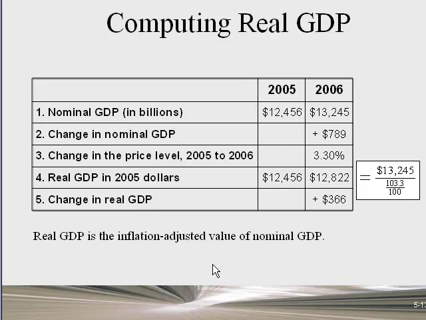So you take the price index on the denominator, the 103.3 divided by 100, and then you take your nominal GDP and divide by that to find out the real change in the GDP. The real change comes out to you grew only to not 13,245 but 12,822.